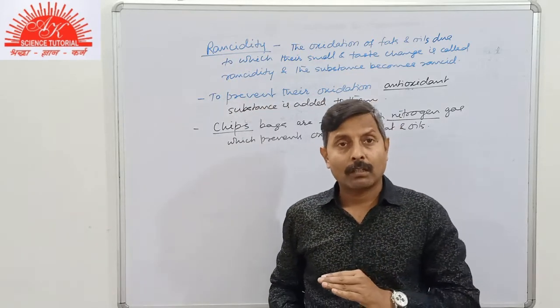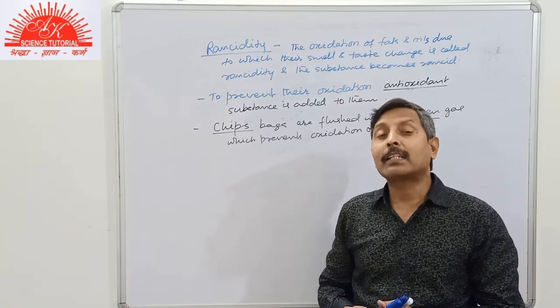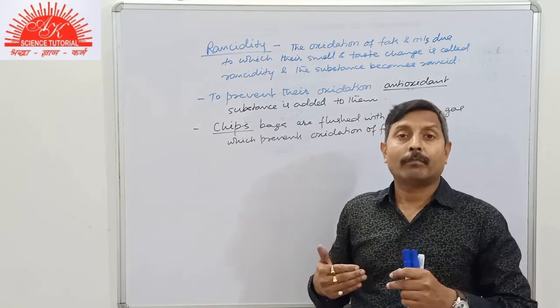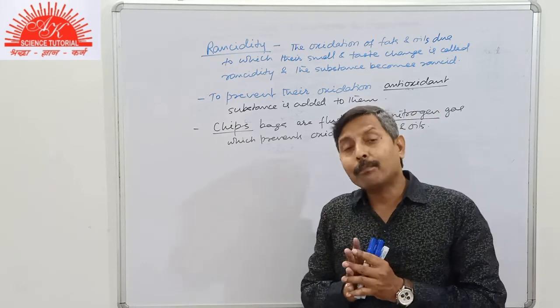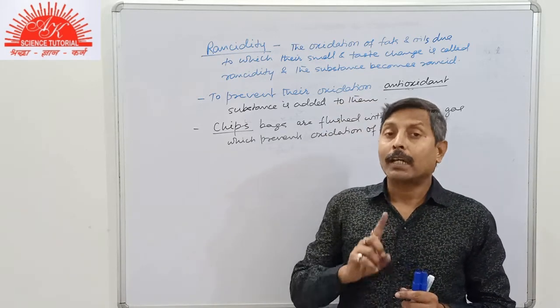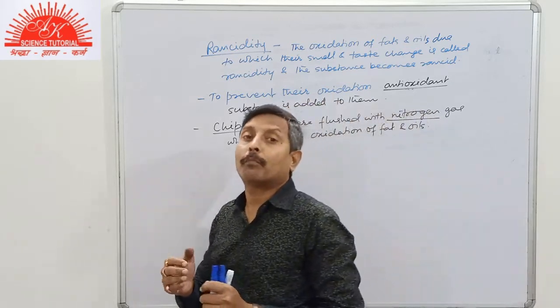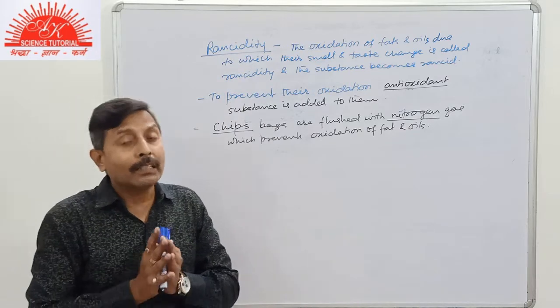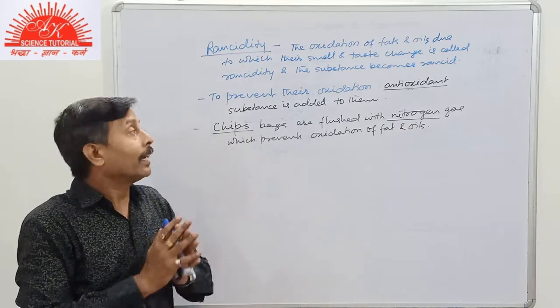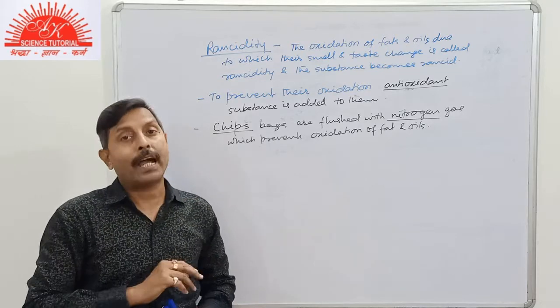Now suppose many food items, sweets, are packed in aluminium foil. The aluminium foil also acts as an antioxidant substance because aluminium is a highly reactive metal, so it reacts with the oxygen present in that space inside the packet and prevents the oxidation of these food items.